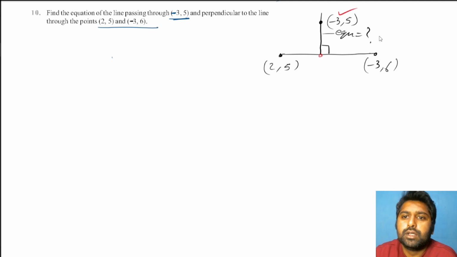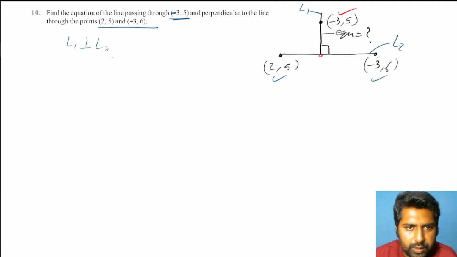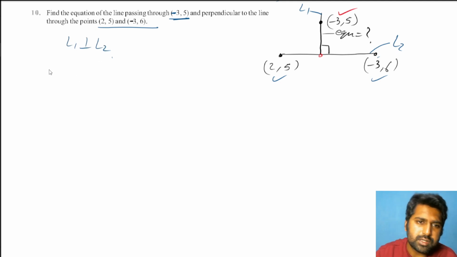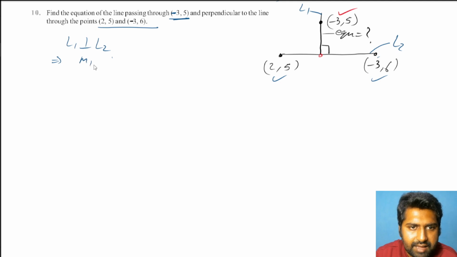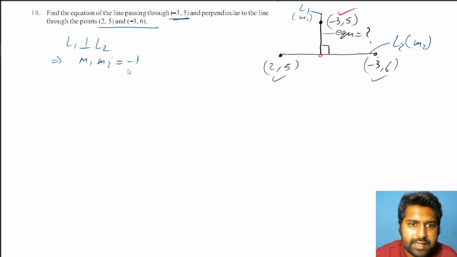Now I know at least these 2 points, and these 2 lines, let's call this L1 and this line L2. We know L1 is perpendicular to L2. If 2 lines are perpendicular, we know that M1 M2 is equal to -1. M1 is the slope of the first line, M2 is the slope of the second line. Can we calculate M2?